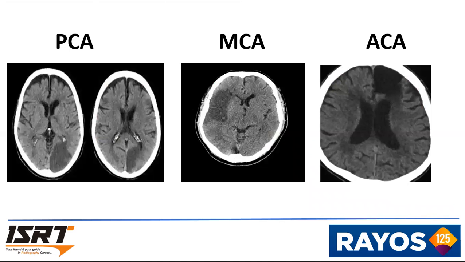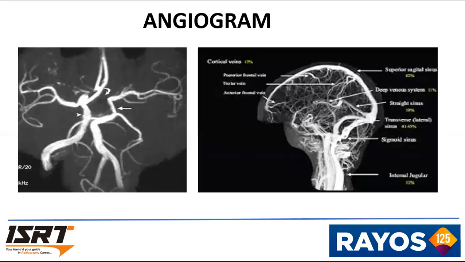In the middle there is a middle cerebral artery infarct, and on the other side we can see the anterior cerebral artery infarct. An angiogram is the study of blood vessels after injecting a radiopaque substance that is called contrast media.